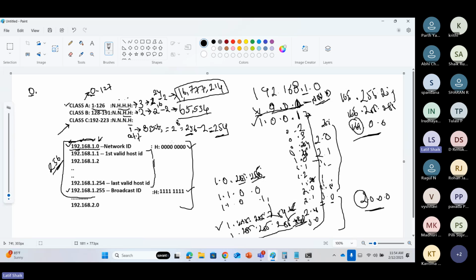Based on the class of the IP address, there is a network and host portion. Based on the network and host portions, we can know the number of devices we can connect in the same network. For example, you are working in an organization as a network engineer or network solution architect, and you have to suggest which class of IP address should be used.